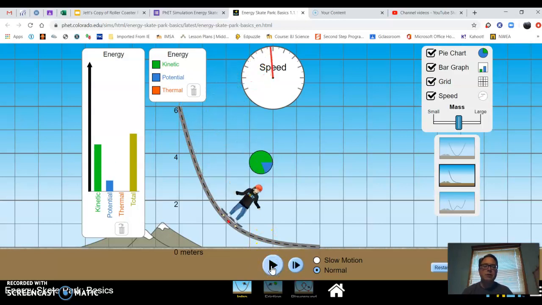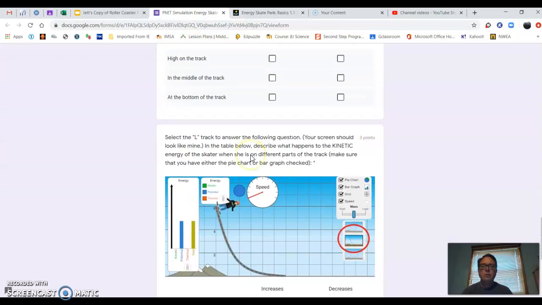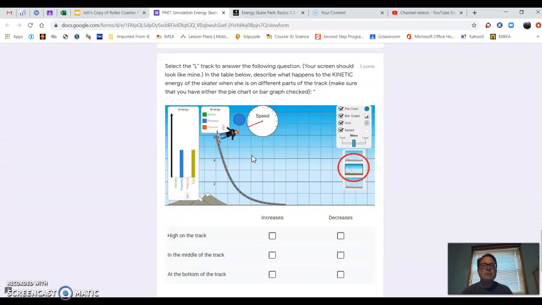Out there at the middle, what happened to potential energy? Is it getting higher or lower, increasing or decreasing? And then here, what do you notice about the potential energy? Did it increase or did it decrease? Okay, back to our form. Now we're going to look at this same situation.